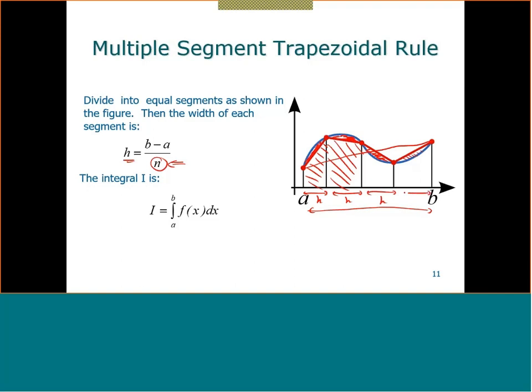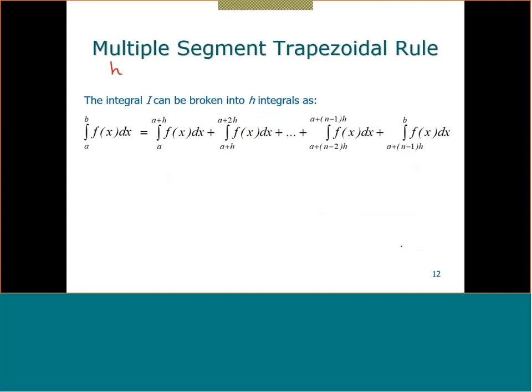So you want to take the integration from a to a plus h of this approximate function, plus from a plus h to a plus 2h, and so on and so forth until you reach the last segment, until you reach b. So we start from a to b. This is the whole integration.